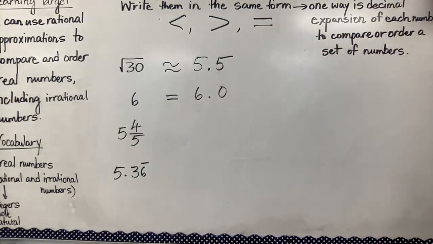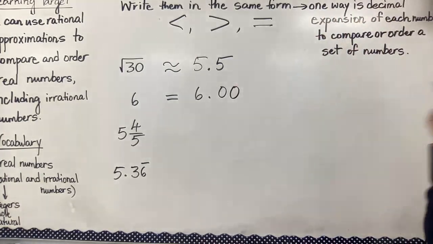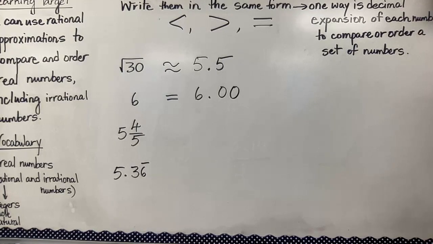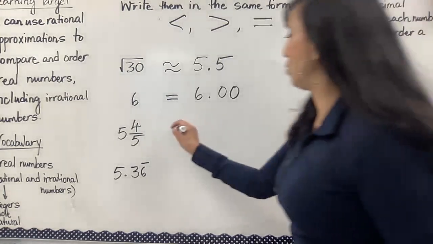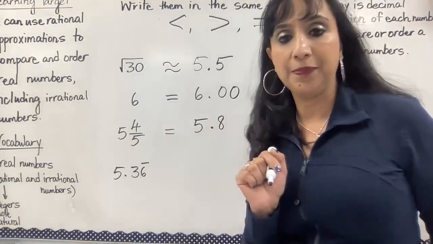We are writing these as decimals. I can write it as 6, or I can write it like this to the 100th place value, doesn't matter. Then 5 and 4/5: 4 over 5 is going to be 8/10, so this is going to be 5 and 8/10.